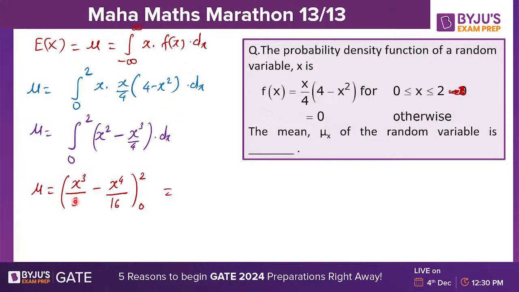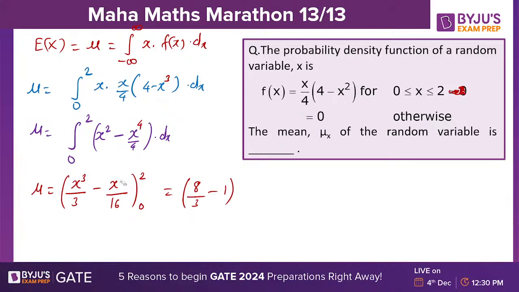So put 2 cube by 3, which is 8 by 3. Then 2 raised to 4 is 16, 16 by 16 will be, something wrong. Okay, this is already square. Now I have made a mistake here. X square is there. X cube into x is x raised to 4.